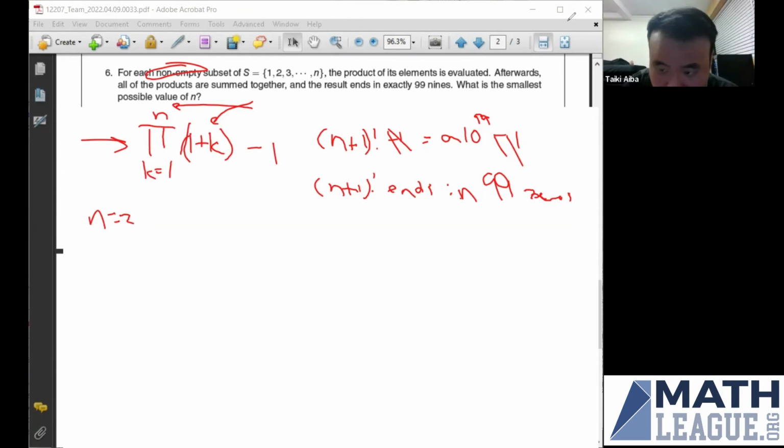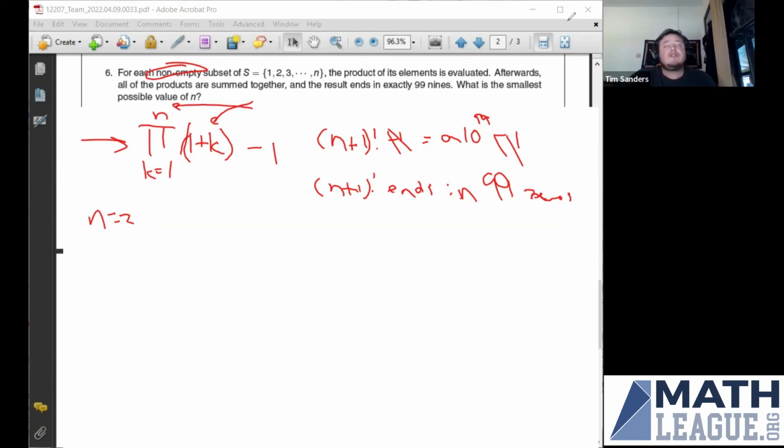Oh yeah, I think I'm way low on that. So how are you going to get 99 zeros? Well, 80 or so zeros are going to come from just your multiples of 5. So let's just say, for instance, 400 factorial, right? How many zeros does 400 factorial hit? I take 1 for every 5, that's 80.